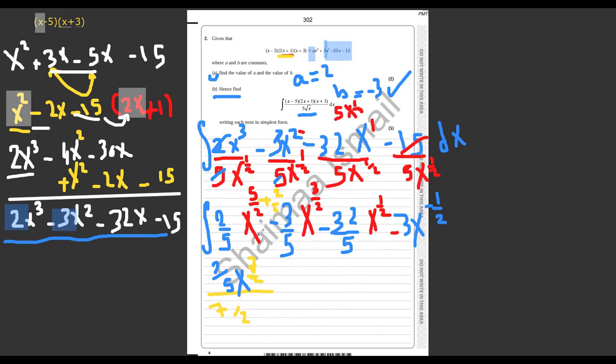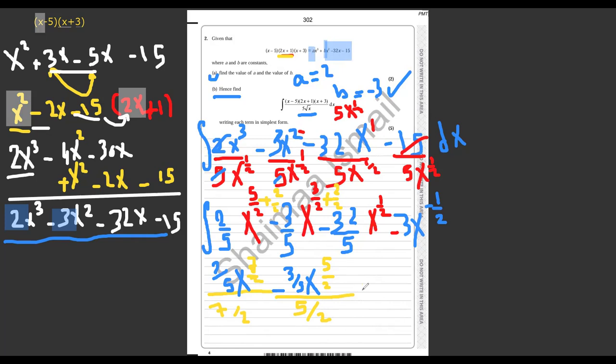Okay, do it step by step. And here we are going to add 1 to the power, 2 over 2, so we have a power of 5 over 2, divided by 5 over 2. And here we have minus 3 over 5, x power 5 over 2.